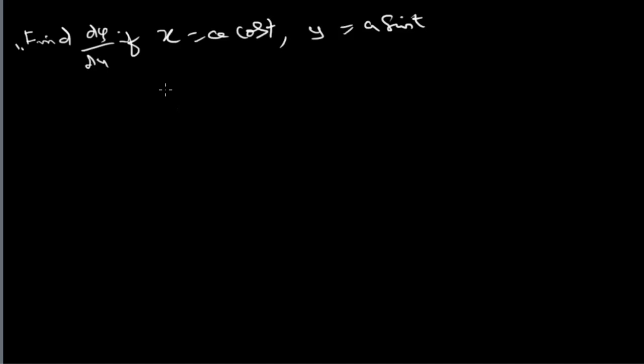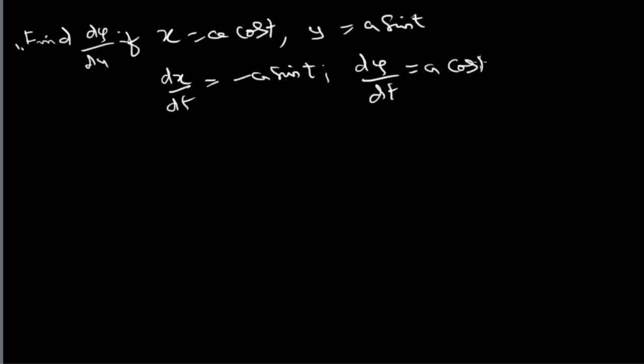Now, find out dx by dt separately, because x is a function of t. So, minus a sin t. Now, find out dy by dt. Differentiation of y with respect to t, it is a sin t, so it becomes a cos t. But what we want is dy by dx.